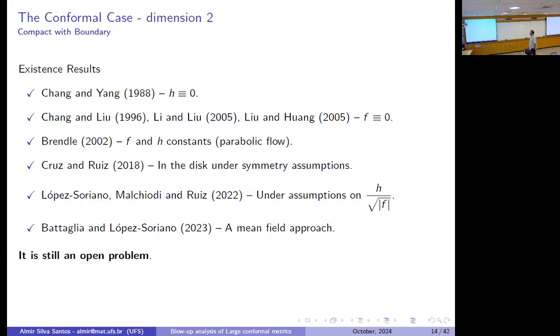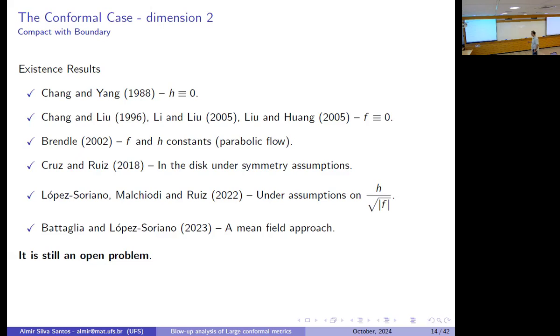And there are many works that try to solve this problem. It started by solving the problem when one of the functions is equal to 0. And then recently, in 2018, 22, 23, people started to look at the general case when you have a general function f and h, not necessarily equal to 0.